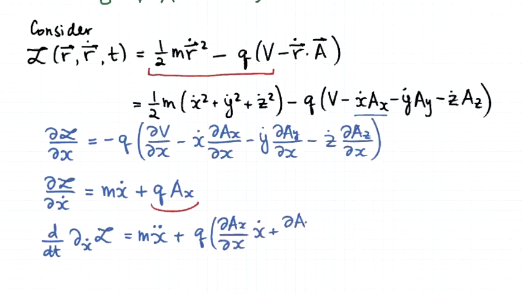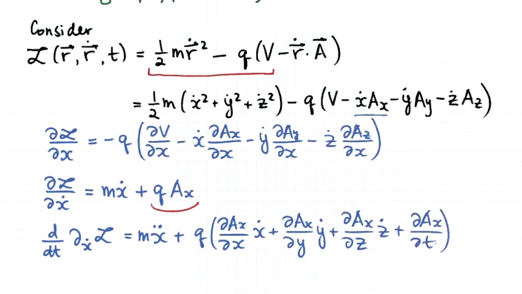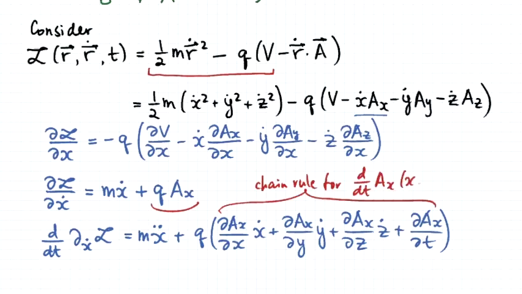Same for y, and same for z. And we shouldn't forget partial derivative of A sub x with respect to time. So this is chain rule for full time derivative of A sub x, which is a function of x, y, z, and time.